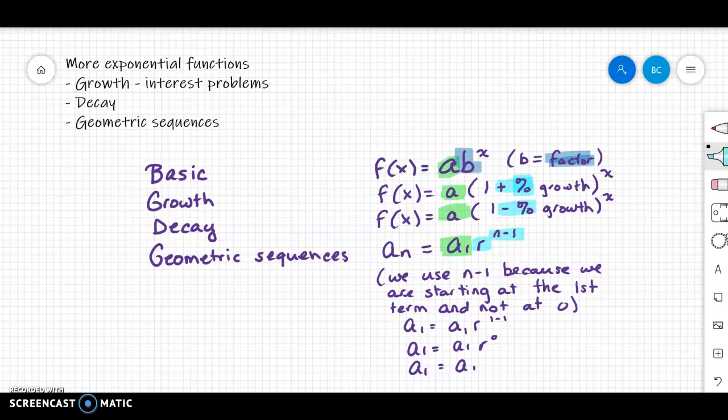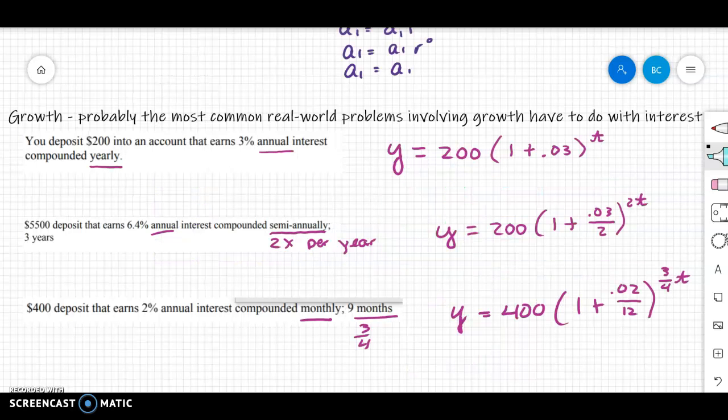So this kind of proves why I'm using n minus 1, because I really want my first term to be my beginning value. I don't know if that was helpful or not. That's why we use n minus 1 instead of just n.